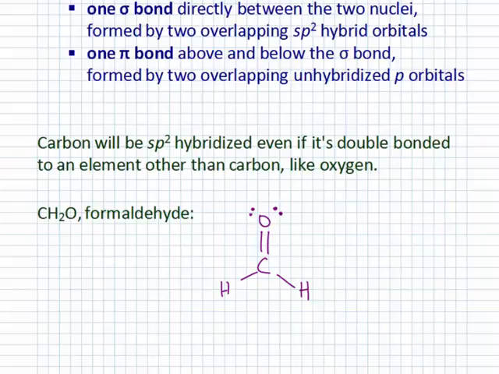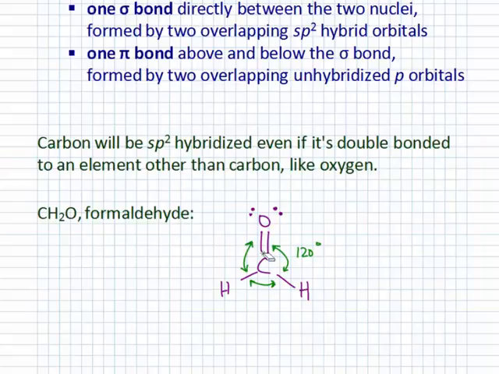So if we look at this carbon, it has 3 bonding groups around it, or bonding domains as the Pogel book calls them. These 3 bonding groups will be separated by equal 120-degree angles, or something very close.